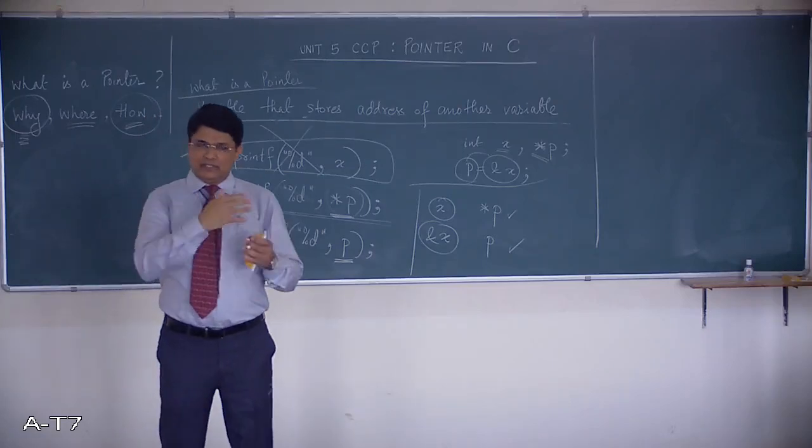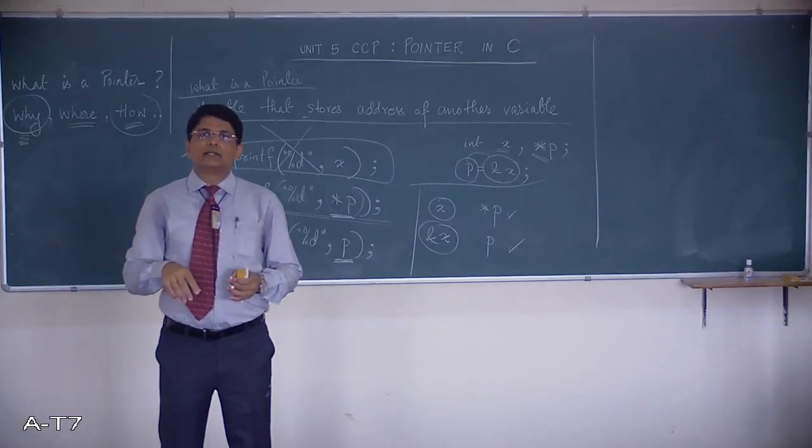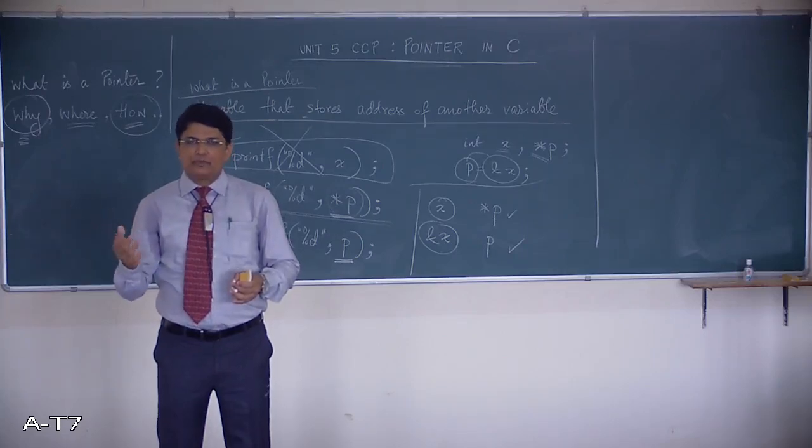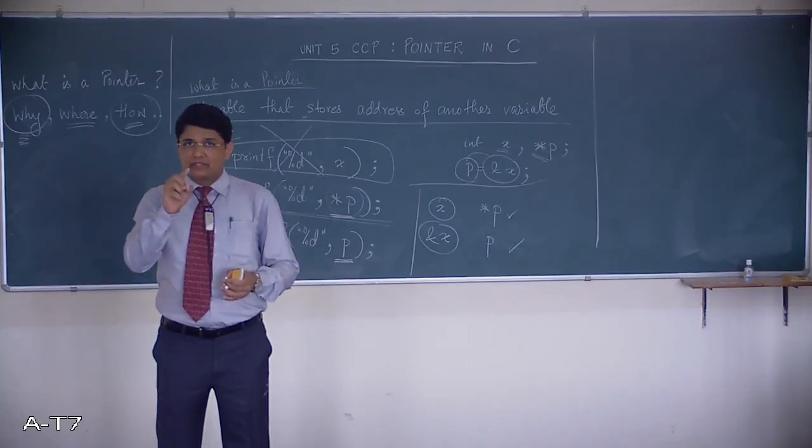The next part, where the pointer variables are used. You remember in the initial part of my class, I told you that programs in real time would be using data structures which are huge.